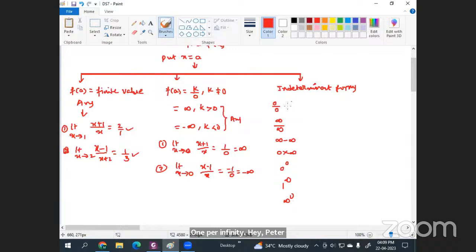Like this, we'll get the different forms. All these forms are called indeterminate forms. Whenever we get indeterminate forms, we need to go for further simplification.